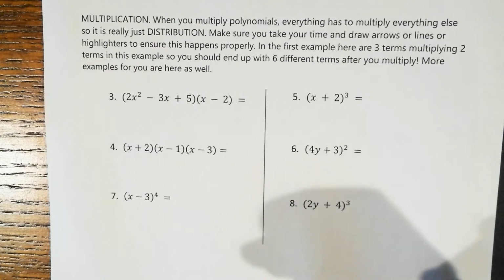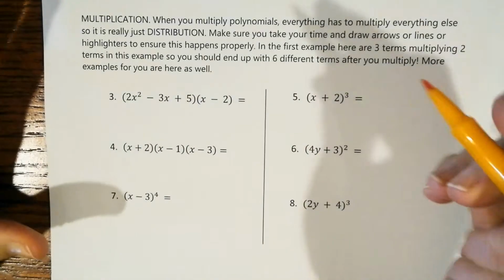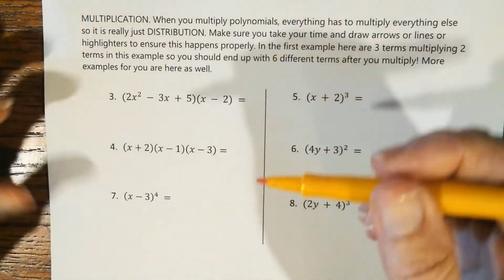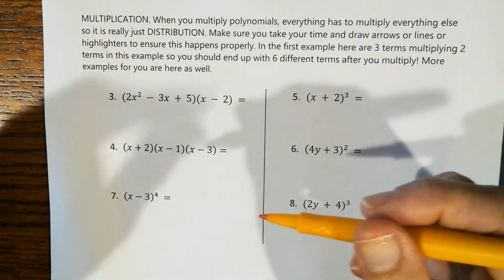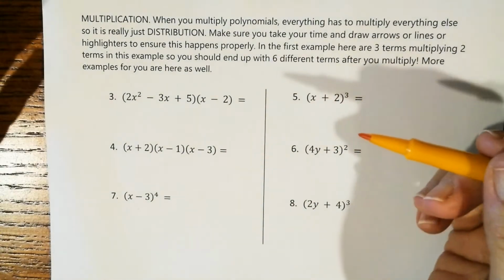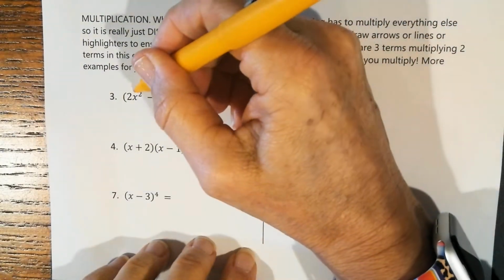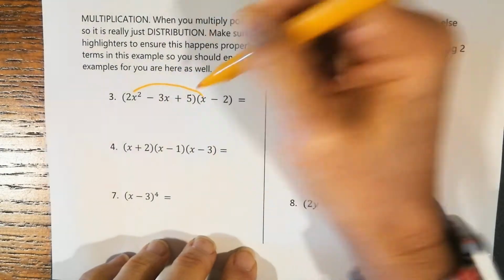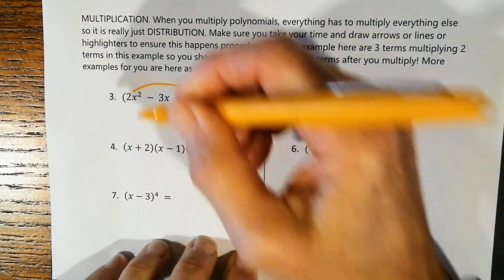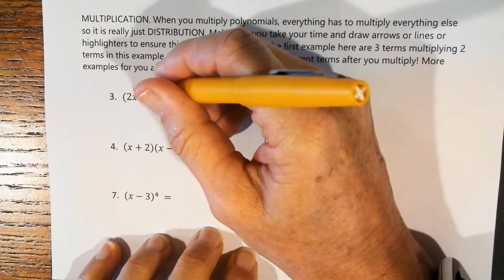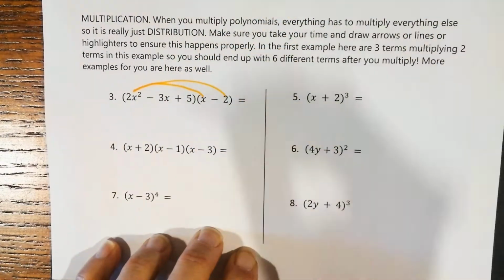So these examples here, they're just a little different. But just like FOIL is the first 2, the outsides, the insides, last, 2 times 2, this is 3 times 2. So it's going to be these first 2. Then you're also going to do these 2.